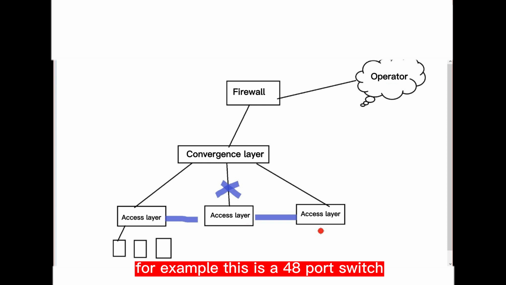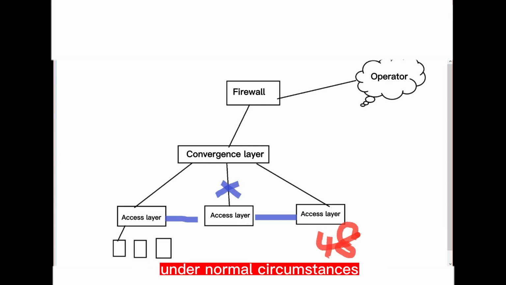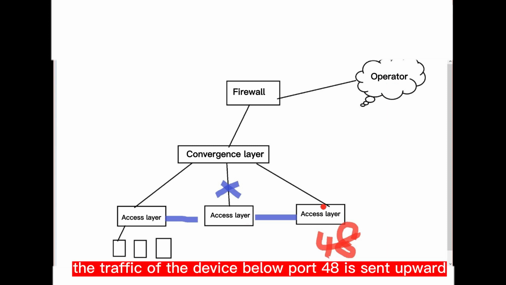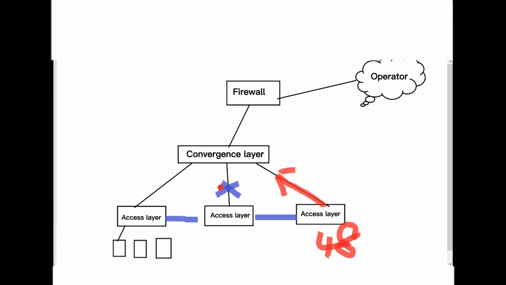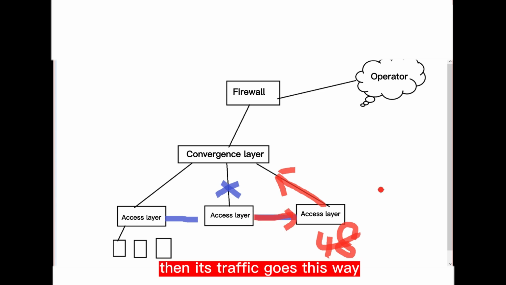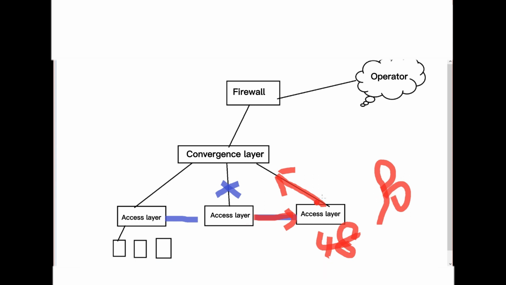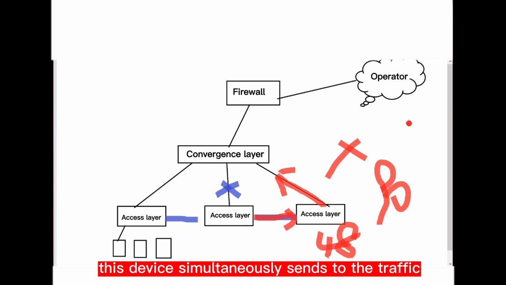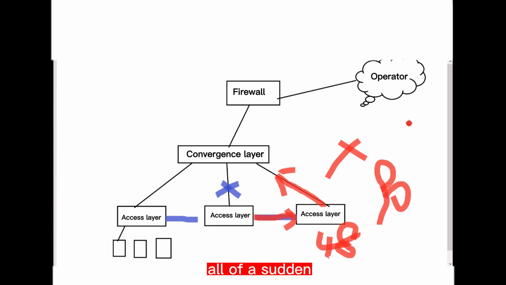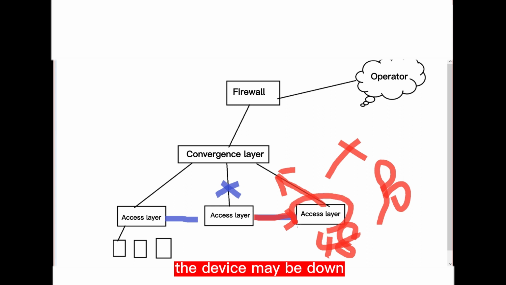For example, this is a 48-port switch. Under normal circumstances, the traffic of the devices below the 48 ports is sent upward. If the other switch suddenly breaks, its traffic comes this way, and this device suddenly has to send more than 90 traffic. It may not be able to bear it. The device may go down.